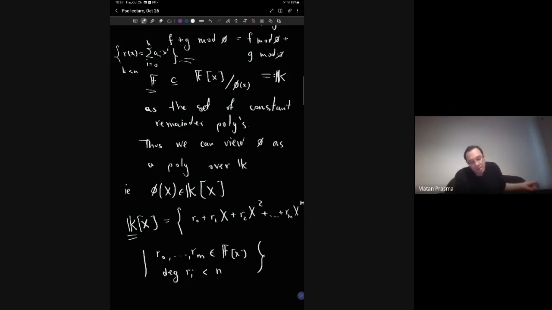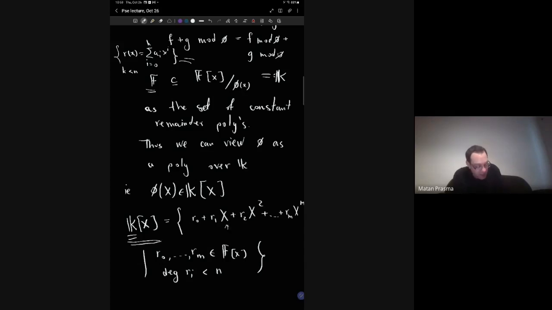That's the set K. K as a set is the collection of all possible remainders by a mod phi. So polynomials over K are these formal sums.